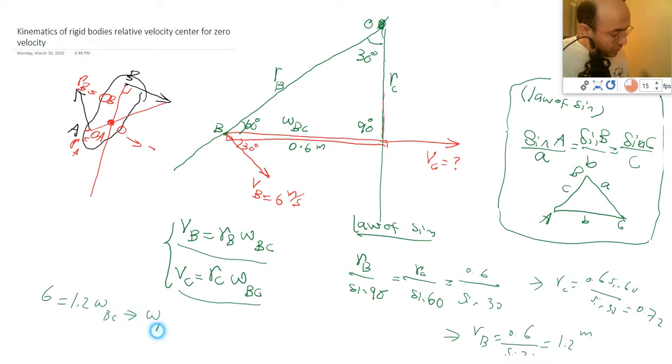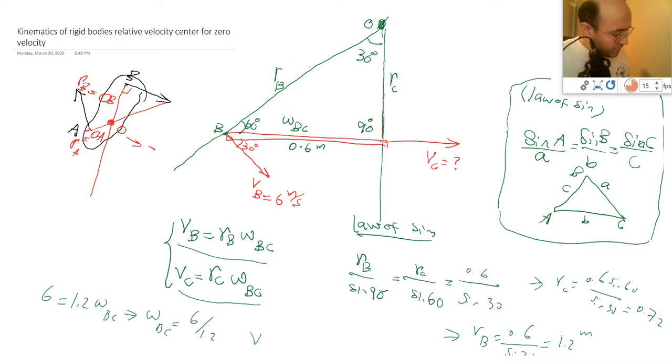From here, omega BC is equal to 6 divided by 1.2. So I can actually solve for omega BC, and then if I know omega BC, I can just put it down here to find VC.